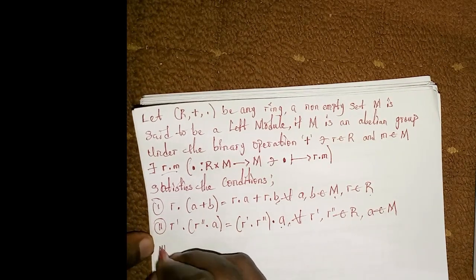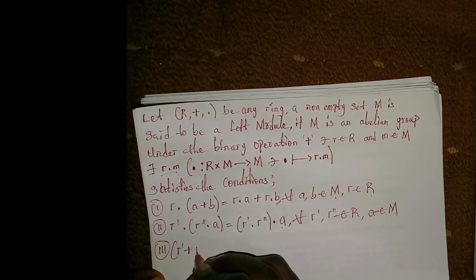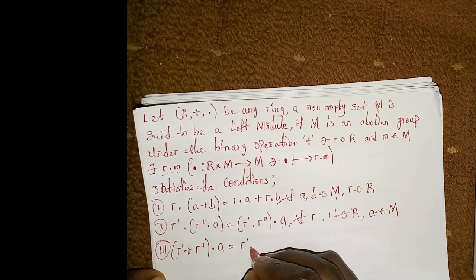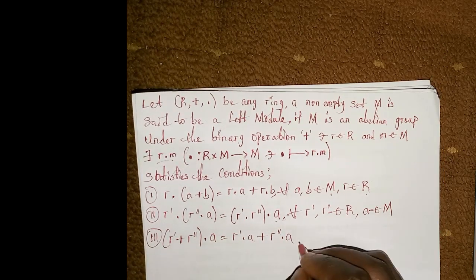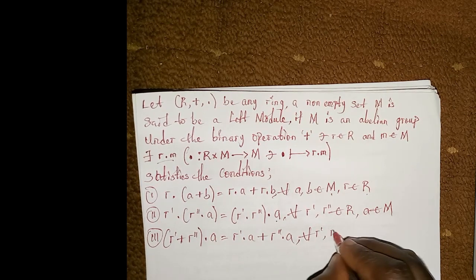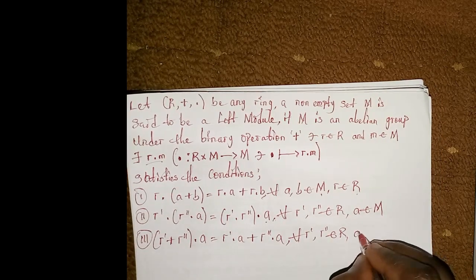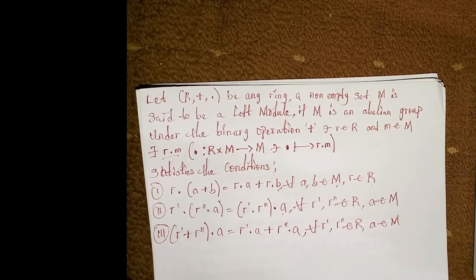Now we proceed with the third condition by saying (r prime plus r double prime) dot a is equal to r prime dot a plus r double prime dot a, for all r prime, r double prime contained in R, which is the ring, and a is contained in the abelian group.